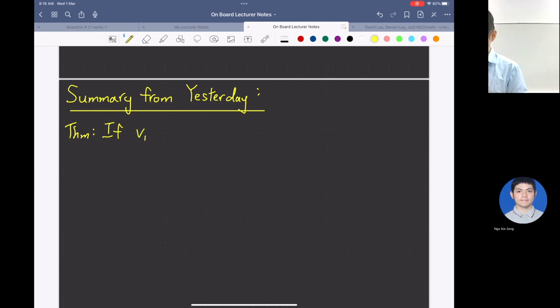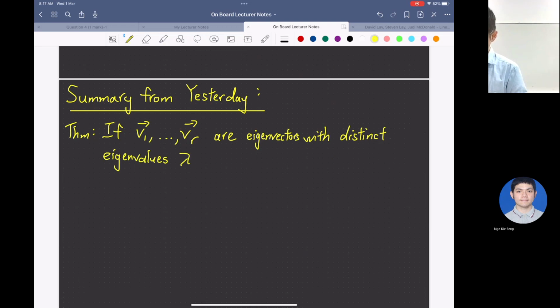If you have eigenvectors v1 to vn with distinct eigenvalues, lambda 1 not equal to lambda 2 not equal to ... not equal to lambda n, they form a linearly independent set.